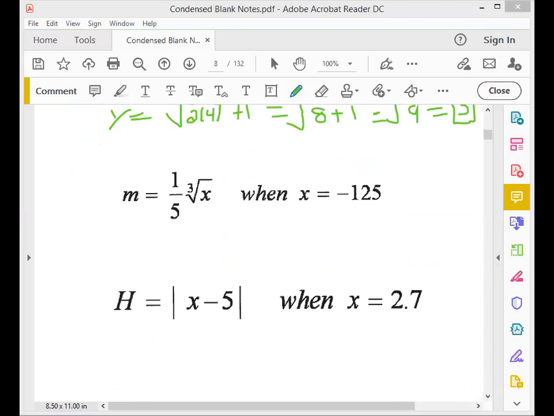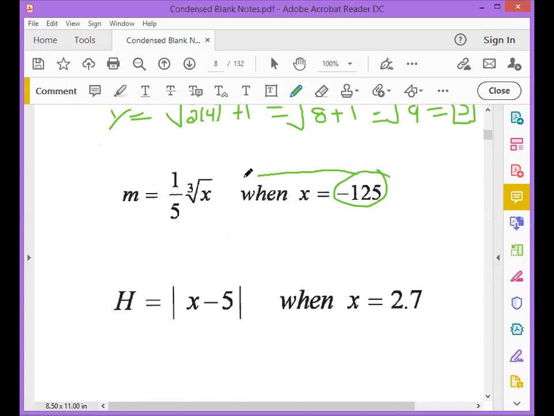Next, we're asked to simplify. We have m equals 1/5 times the cubed root of x. Now in your calculators, you do have cubed root. We're substituting negative 125 for x. So underneath our cubed root, we'll have the cubed root of negative 125.